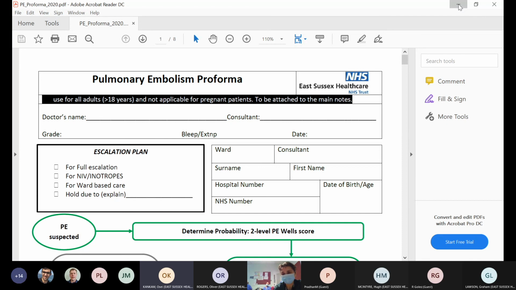The thing about D-dimer is that it has a good negative predictive value. So 95% of people with a normal D-dimer will not have a PE, but 5% of them may have a PE. If you depend on your D-dimer alone, 5% is 5 in 100, 50 in 1,000, and 500 in 10,000.